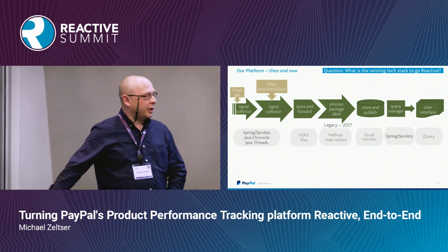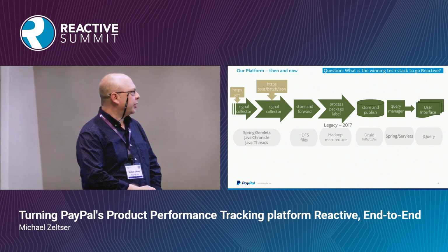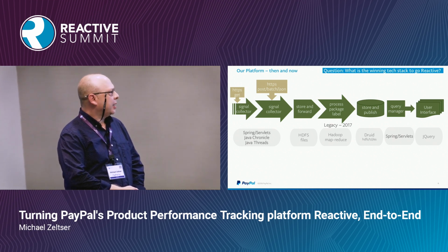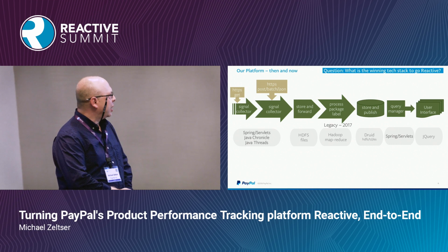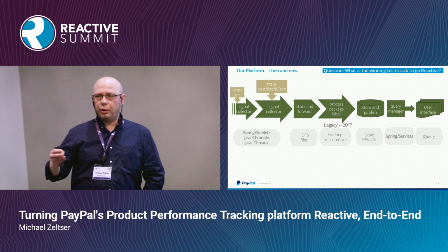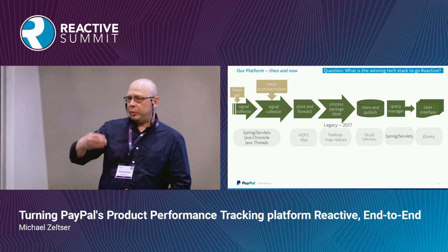So our previous stack looked like this. Fairly traditional: our user interface in jQuery, Spring Servlets, signal collectors. We use, again, the Spring Servlet engine. We use Java Chronicle for resilience. For those who don't know, Java Chronicle is in-memory queues mapped to disk.